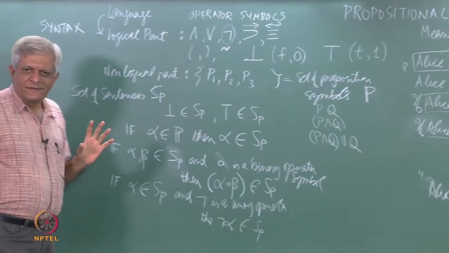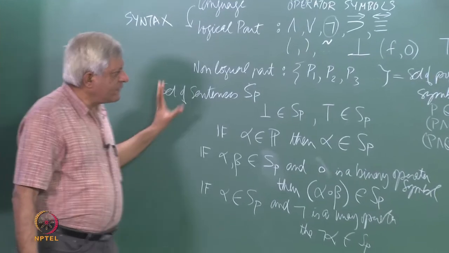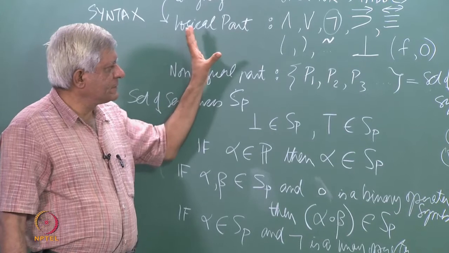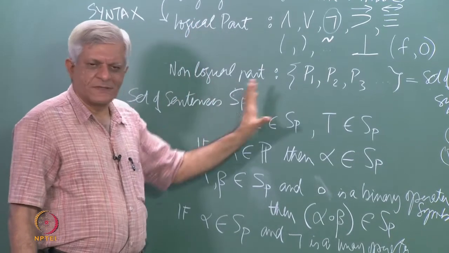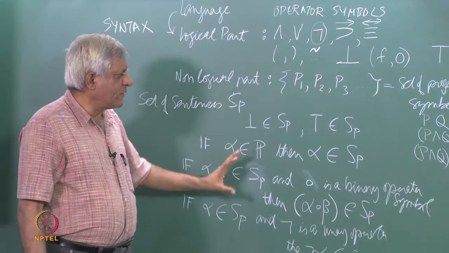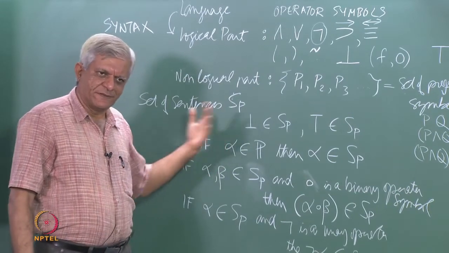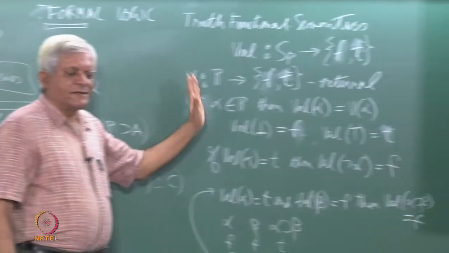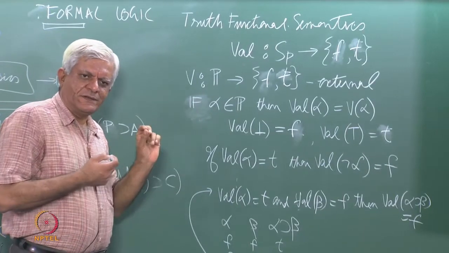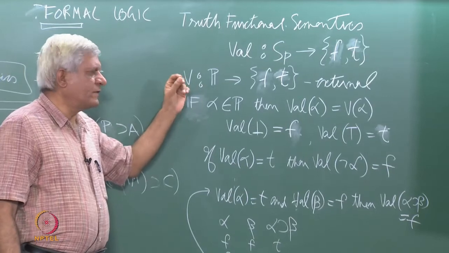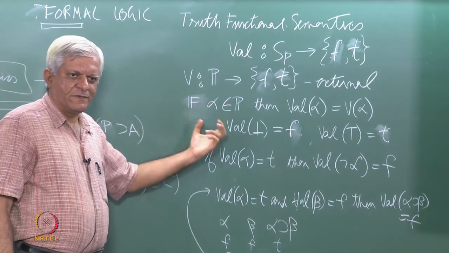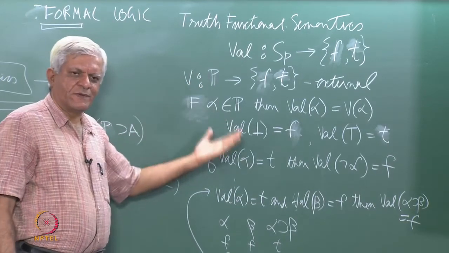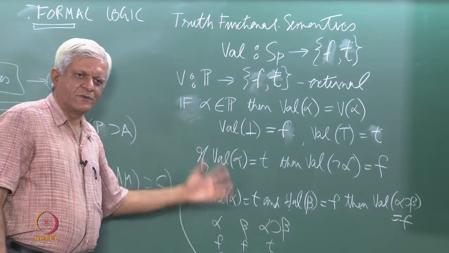Okay, so, what have we done? We have defined the language of propositional logic. We have defined what is the set of sentences which make up this propositional logic, and then we have defined a mapping which tells us that if we knew the truth values of the constituent sentences, how can we lift those truth values to more compound sentences, and we have rules for doing that.